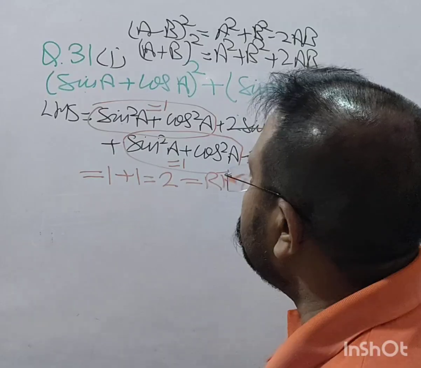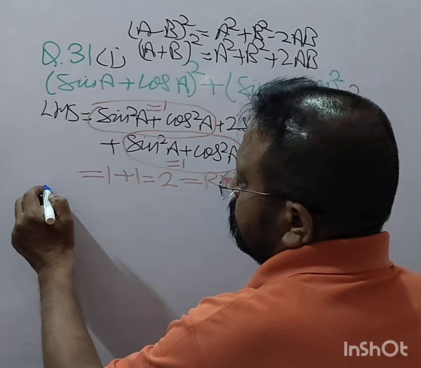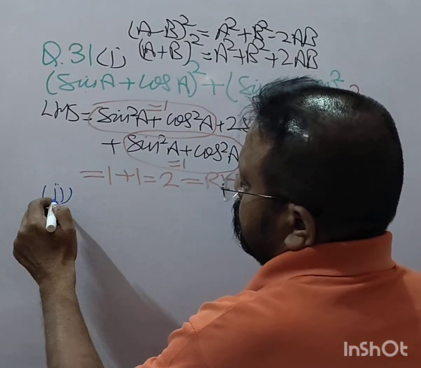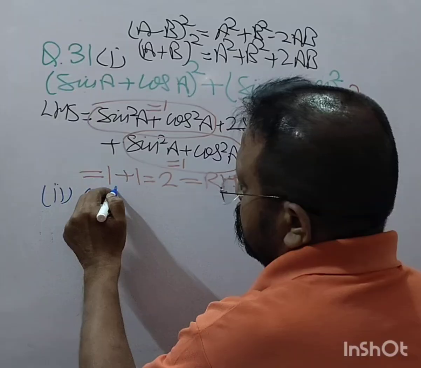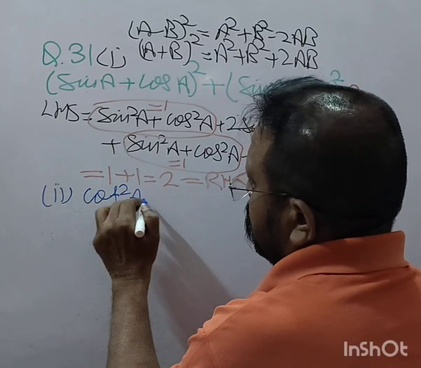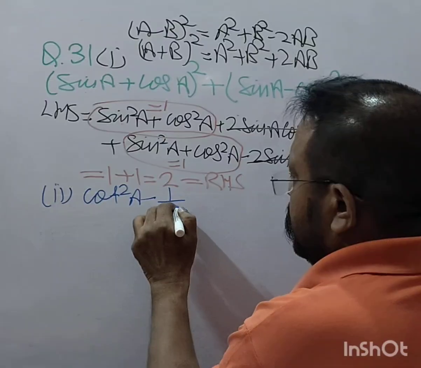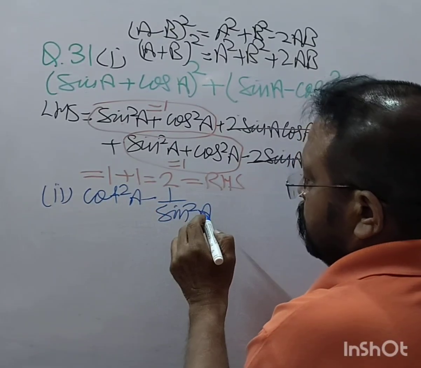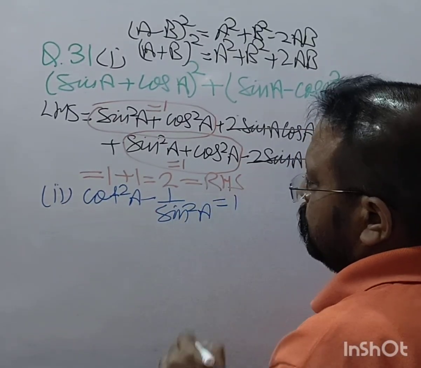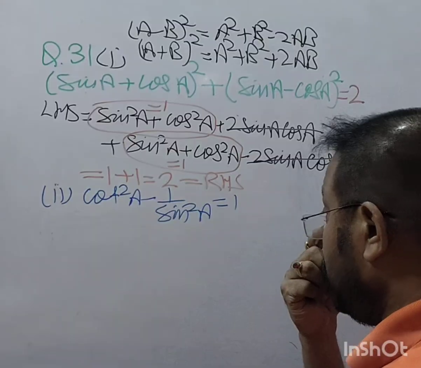What is the second part? Cot square A minus 1 upon sin square A is equal to 1.